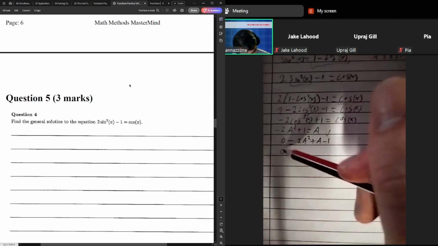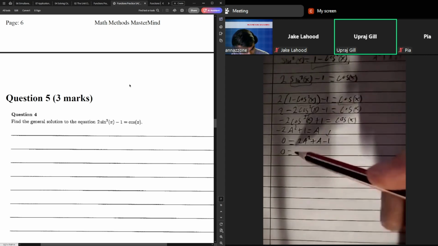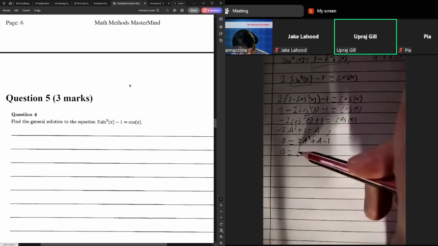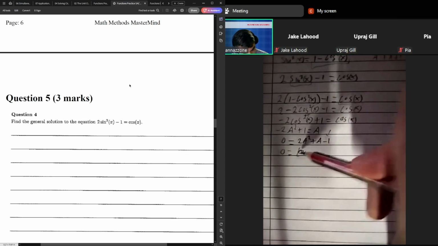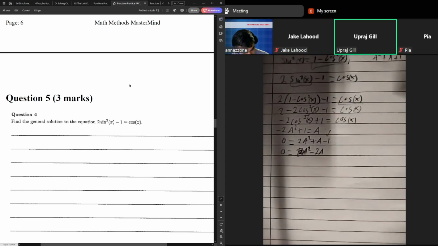And then you'd want to see what two numbers multiply to -2 and add up to +1. So that's a -1 and a +2. So you do 2a squared plus 2a.